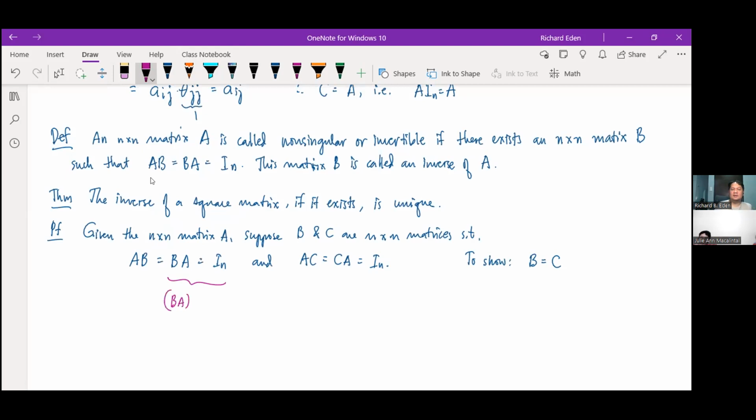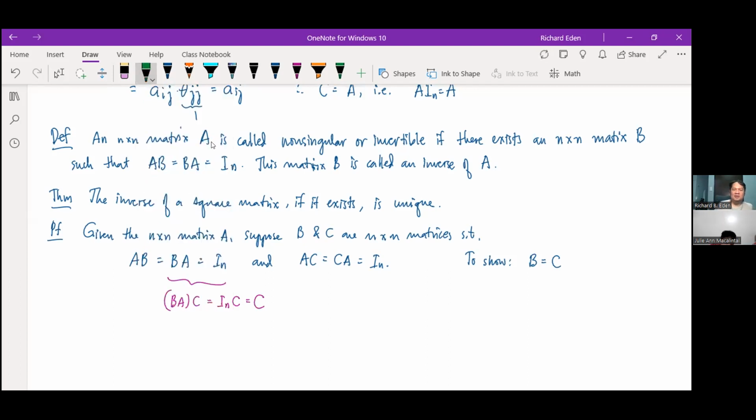BAC equals I sub n C, right? But then I sub n C is what? C.